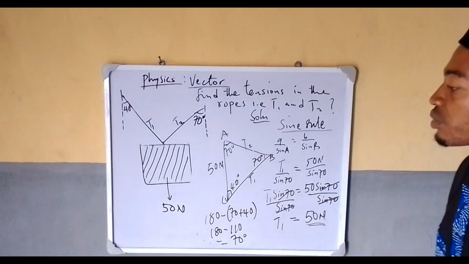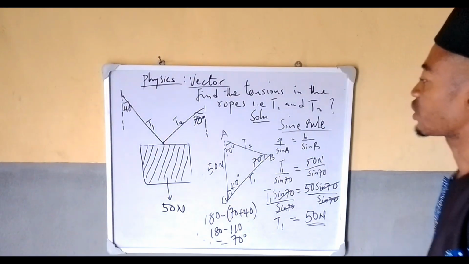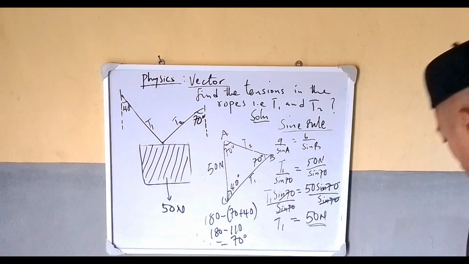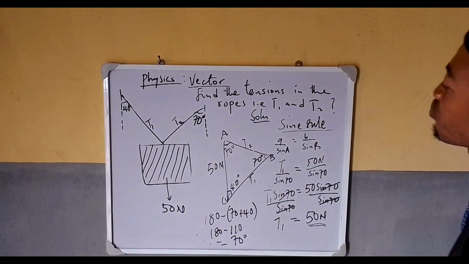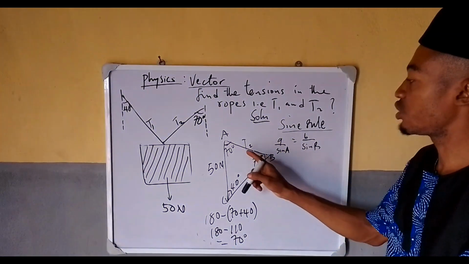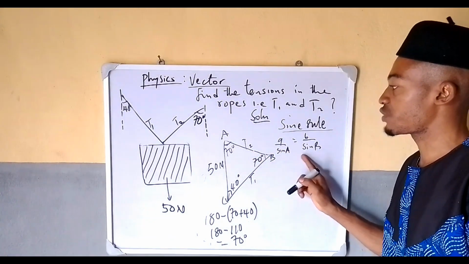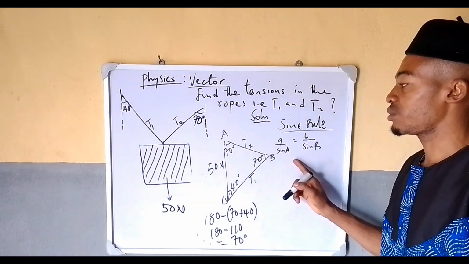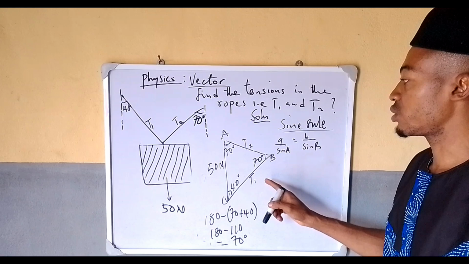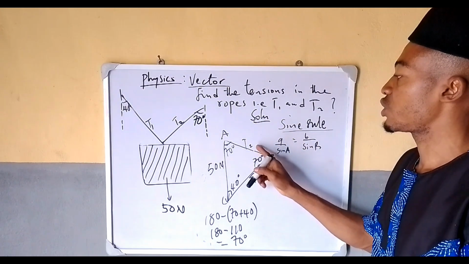So let's now resolve the tension on the second rope. To find the tension on the second rope, we'll still make use of this formula here. Do you understand? This time around, our attention is on finding T2.